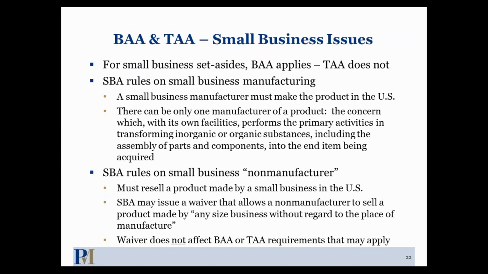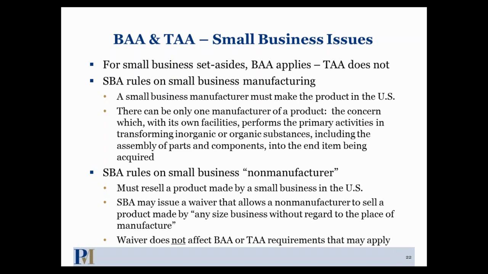Now, SBA did a couple years ago reiterate that if they issue a waiver of the non-manufacturer rule, that doesn't necessarily mean that they're waiving other requirements that might still apply to the procurement, like BAA or TAA. So, you might have a waiver of the non-manufacturer rule, but you still have to consider what other requirements, like BAA, for example, might still apply.